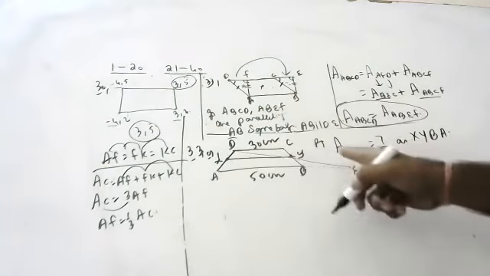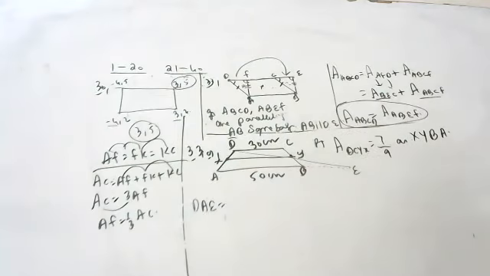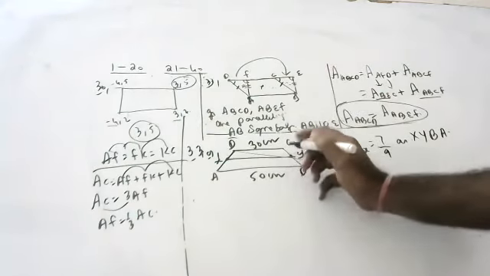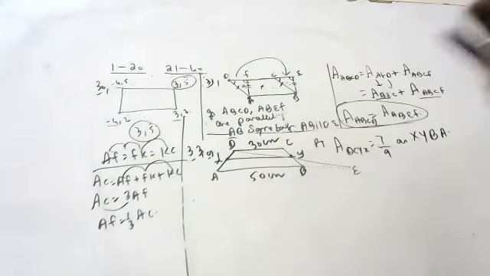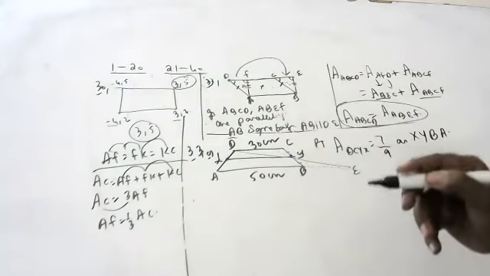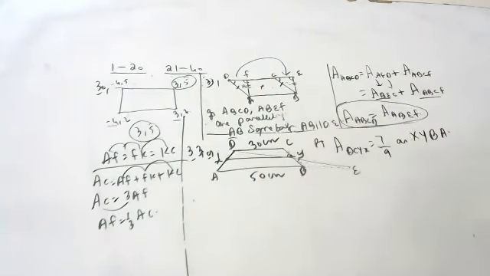You see triangle DAE, children. In triangle DAE, this triangle and this triangle are congruent. Am I correct, children? Yes, sir. Because this and this are equal, because Y is the midpoint. These angles are equal. Why, children?